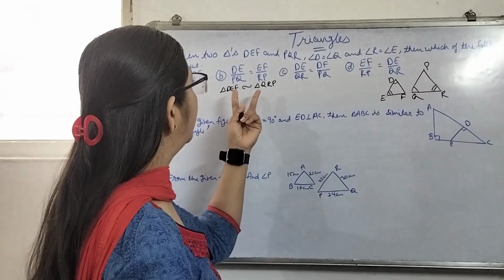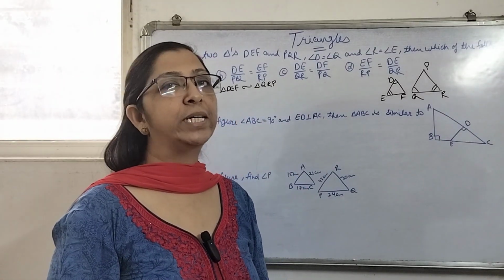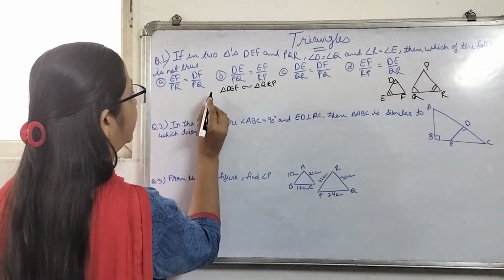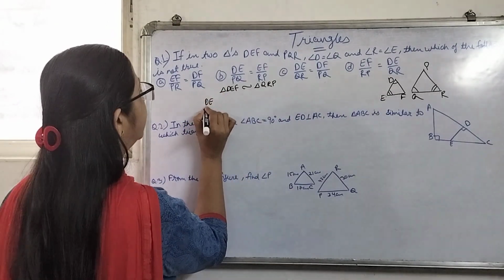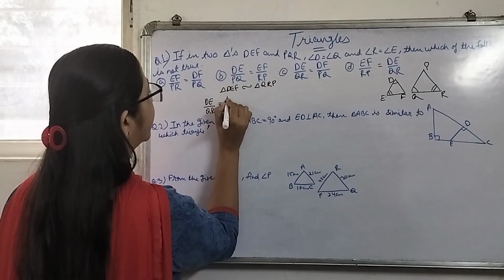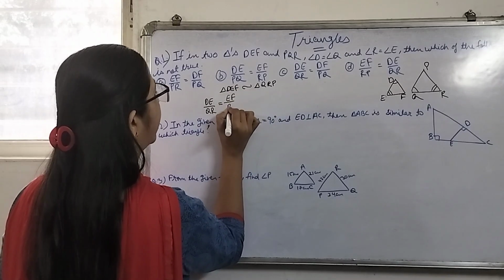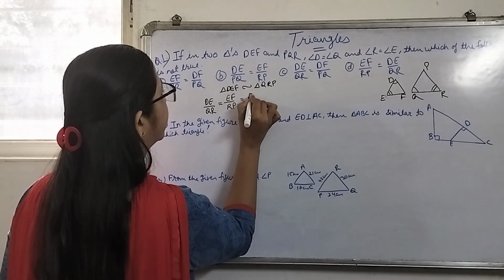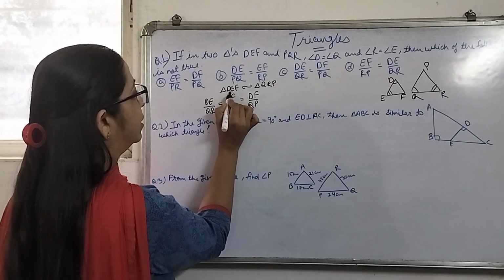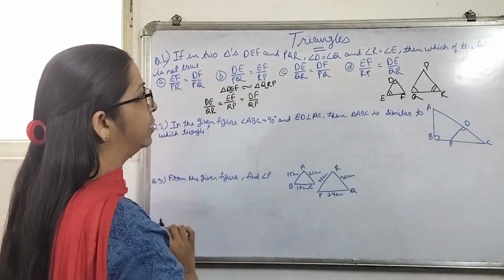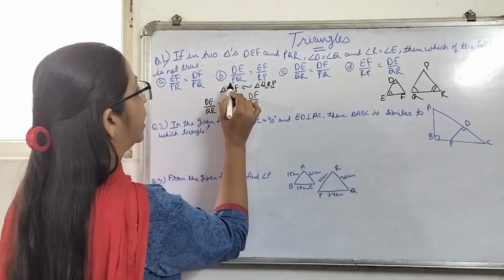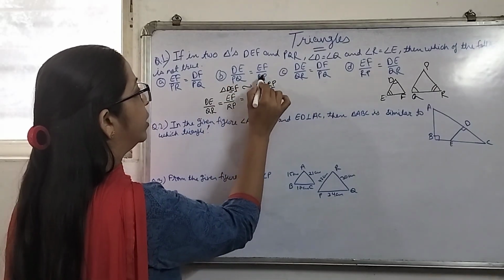And we know that if two triangles are similar, then their corresponding sides are in the same ratio. That simply means DE over QR will be equivalent to EF over RP, and will be equivalent to DF over QP.